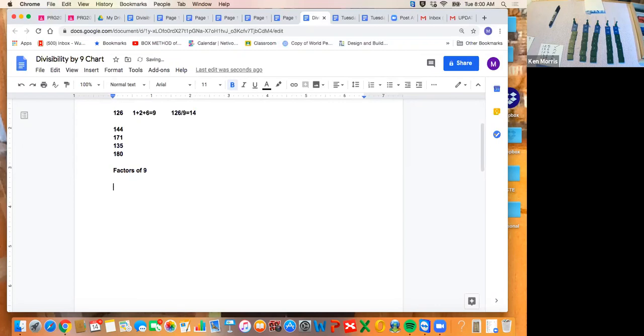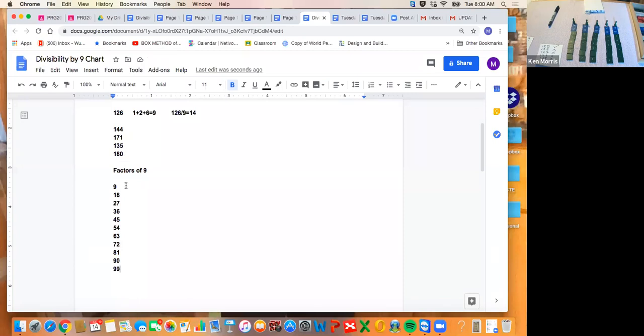The factors of 9, and you can go ahead and pull out your factor pattern sheet to look at this, went like this: 9, 18, 27, 36, 45, 54, 63, 72, 81, 90, and 99. Actually, this is a good one for me to show you.